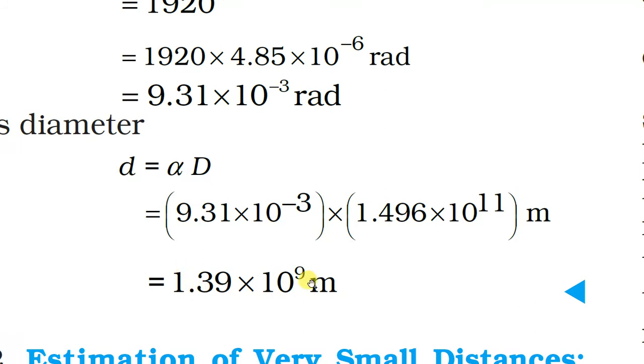This is the value of the sun's diameter.